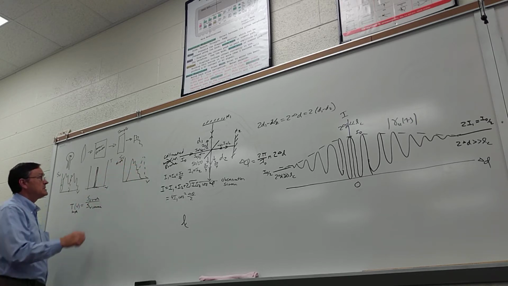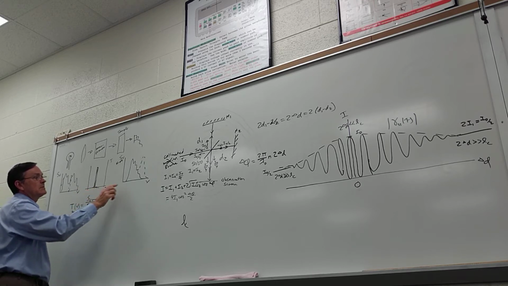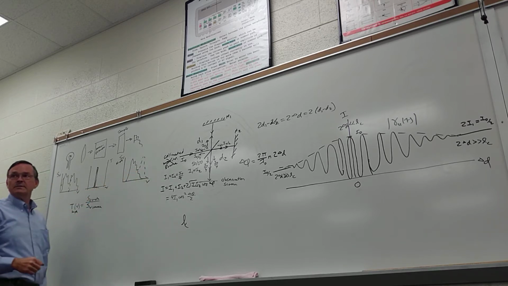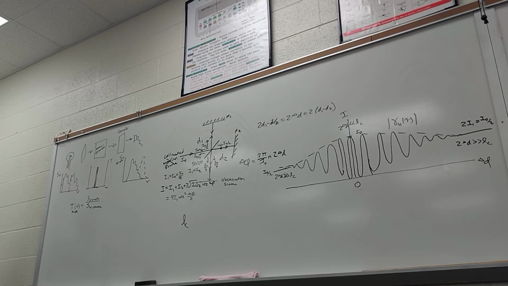So we scan in wavelength, so we get this in wavelength. When we scan in wavelength, we're changing the monochromator. And T, that's the transmission of the sample.